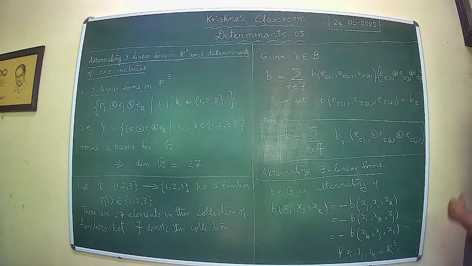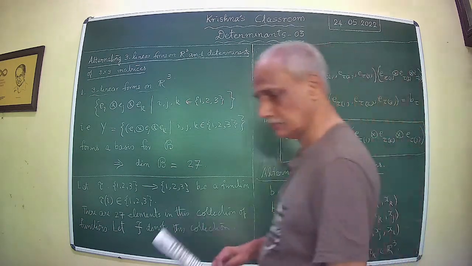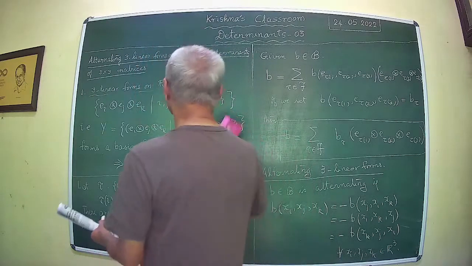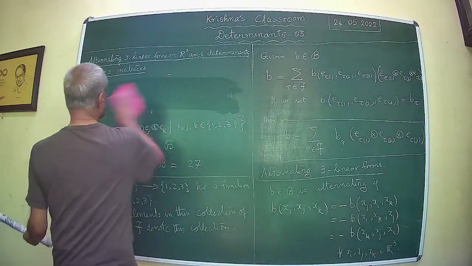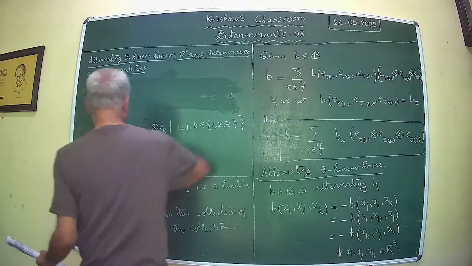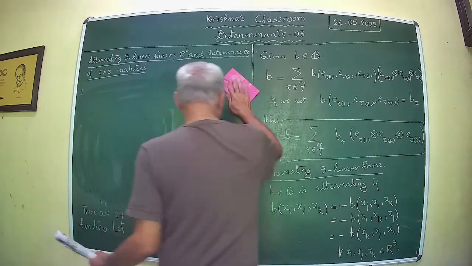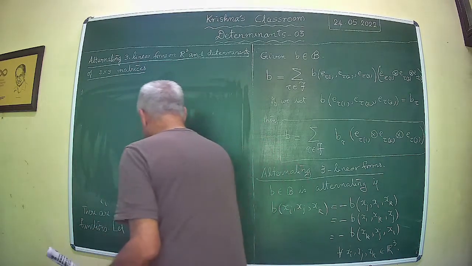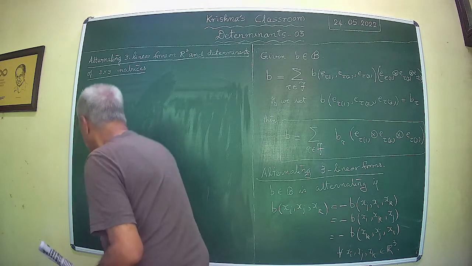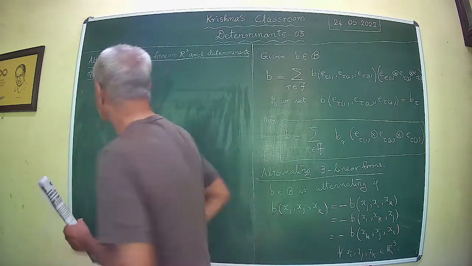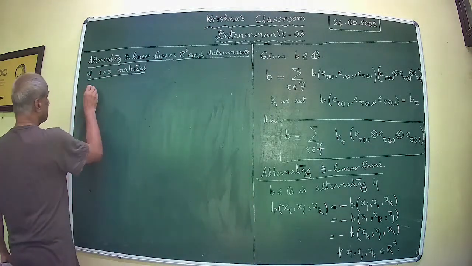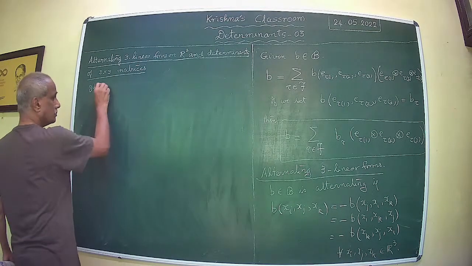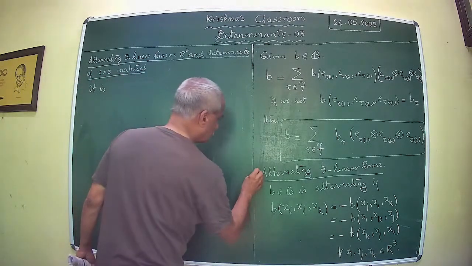Now it's quite easy to show that the collection of all alternating three linear forms forms a vector space. It's easily seen that this is so.